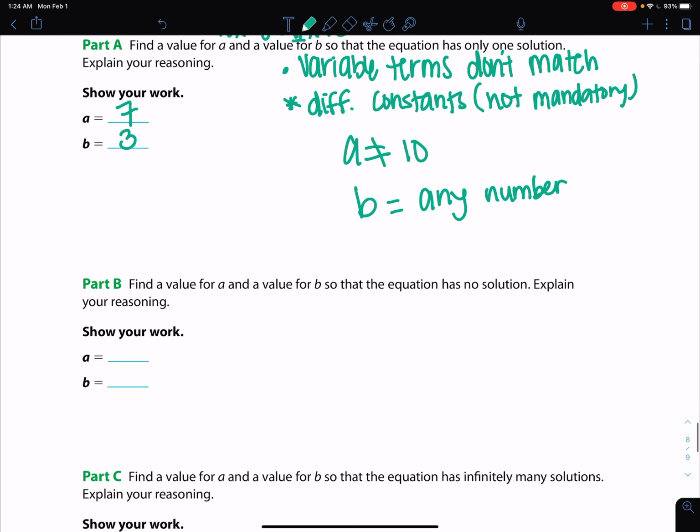All right, part B, find a value for A and a value for B so that the equation has no solution. When I have no solution, then the variable terms match. But the constants don't.